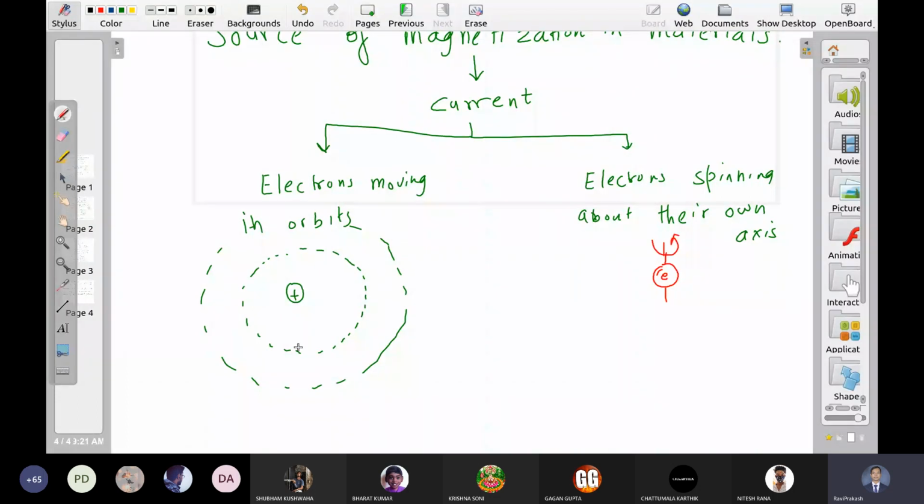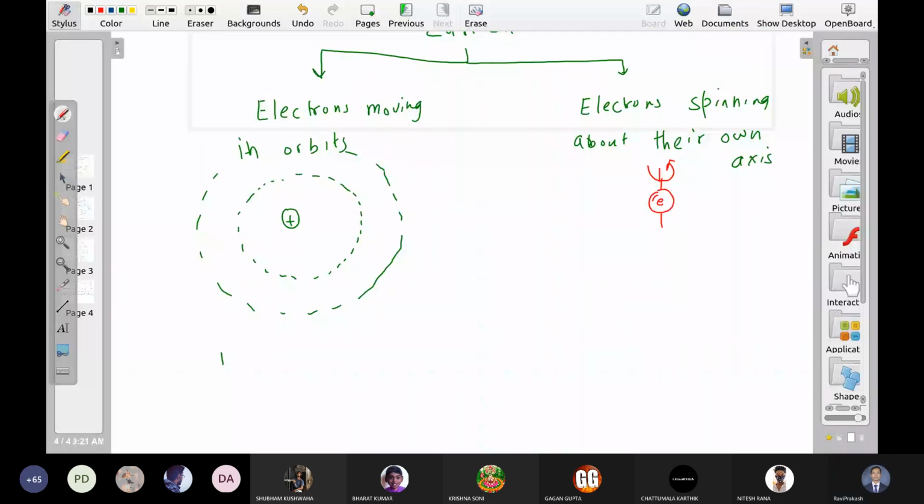That is like an electron moving in orbit. The second case is like Earth rotating around its own axis in 24 hours. So these are the two possible sources of current. And let me tell you in advance, this contributes to diamagnetism. How? We will discuss. This contributes to paramagnetism.